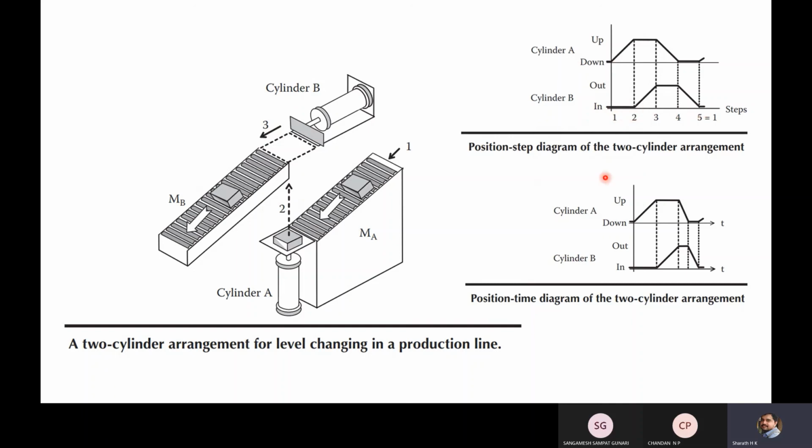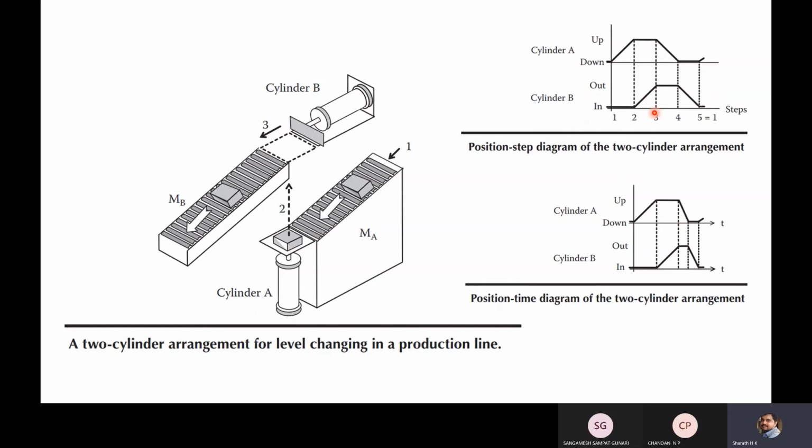Whereas in the position time diagram, we are considering the time taken for extension and retraction strokes of cylinders. Again, the first step will be the same. For extension stroke, it will remain in the retracted position, whereas it will extend. So the time will be the same. Next, the second step is also almost the same.